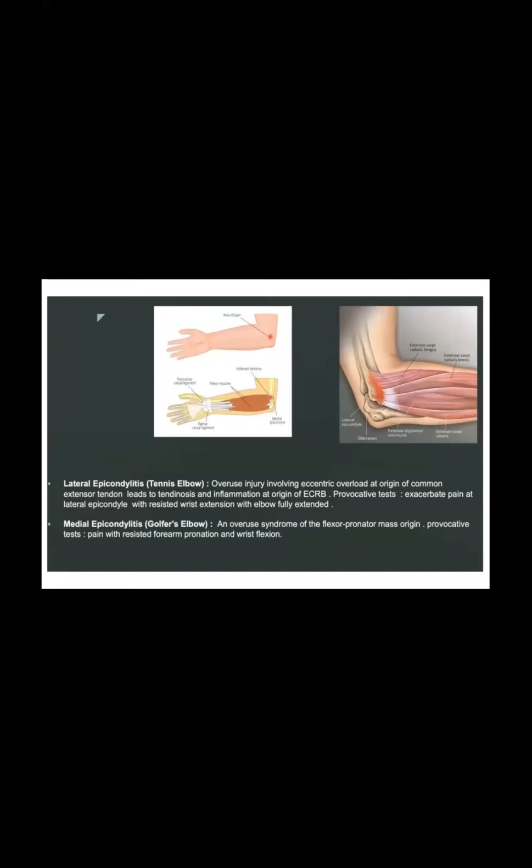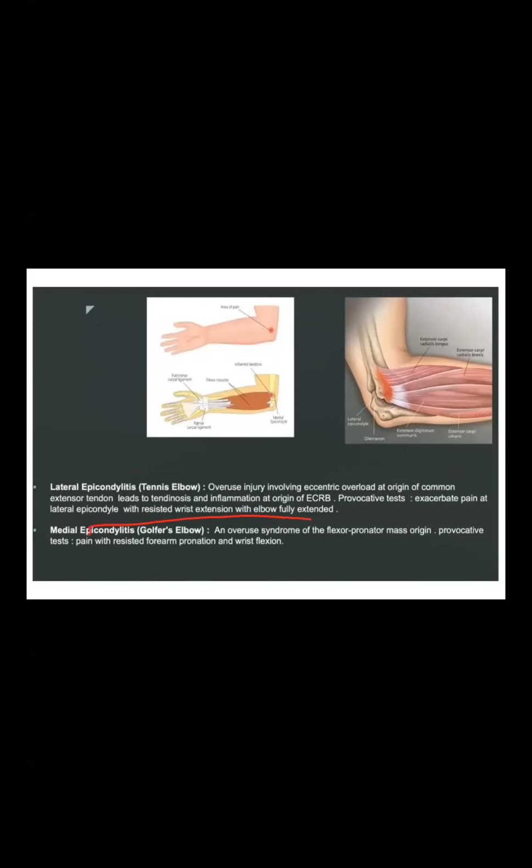Provocative test: pain with resisted forearm pronation or wrist flexion. That is how they ask in the exam. If they ask medial epicondylitis, pain with resisted forearm pronation or wrist flexion, it's golfer's elbow. They ask this term and the diagnosis.